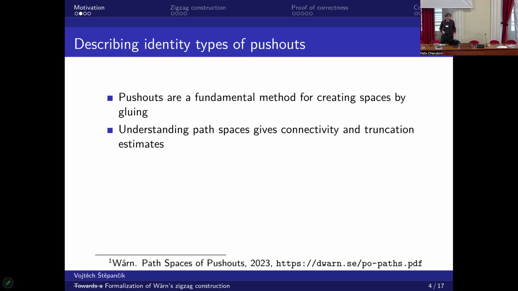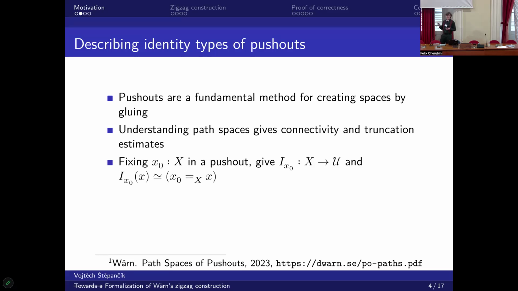And what does it mean really to understand these path spaces? Well, formally, we fix one endpoint in the pushout, and then we want to give a type family over the pushout that's reasonable to compute with. And we also give a proof that its fibers are equivalent to the path spaces or the identity types.